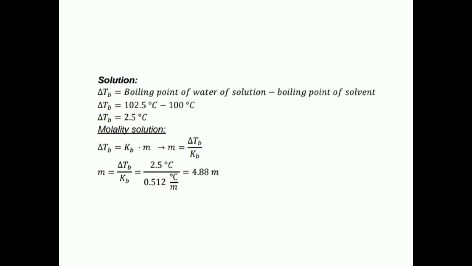So molality is equal to delta Tb over Kb. By direct substitution, that is 2.5 degrees Celsius over 0.512 degrees Celsius over m, and that is equal to 4.88 m, or 4.88 molality.